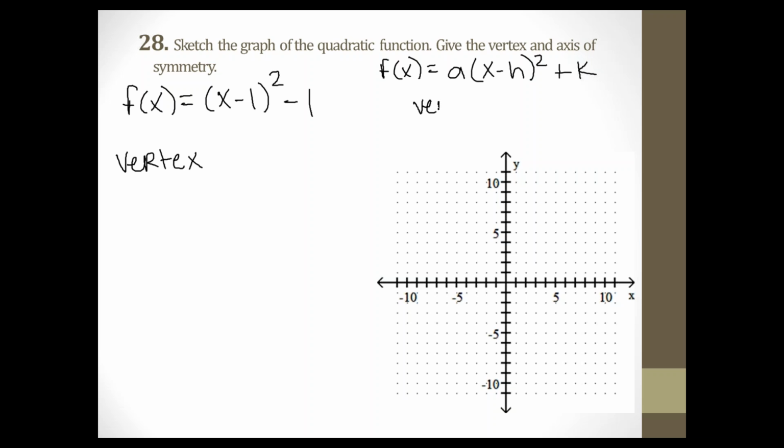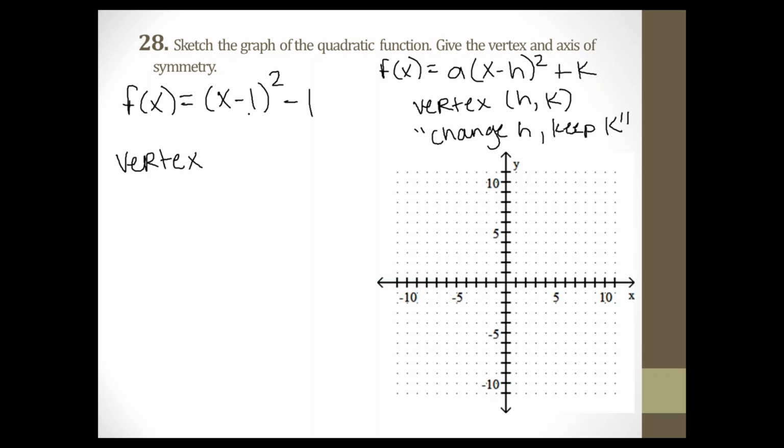So the vertex we get from h and k. But you want to change the sign of h and keep the sign of k because it's minus h. So I always say change the h, keep the k. That's my little phrase that I use when I'm teaching this.